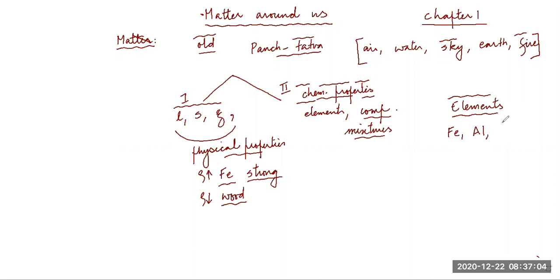More than 90-95 elements we can touch. We know all the 108, but iron, aluminium are the elements we use in day-to-day life. Then gold, Au, silver, Ag, zinc, platinum, so many are there. Then copper. So there are so many elements.